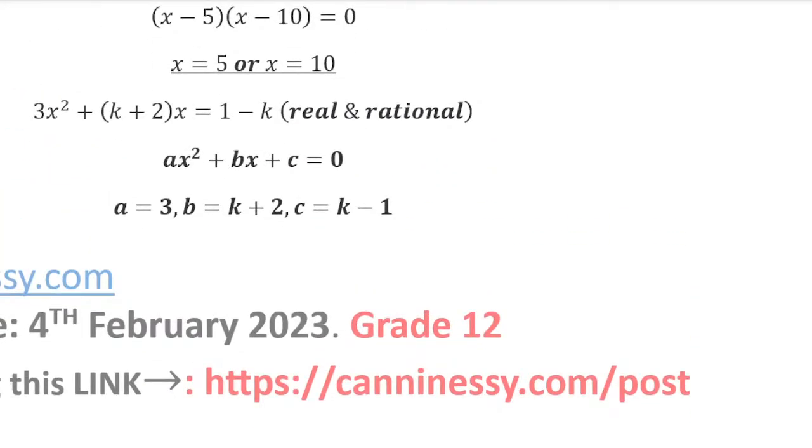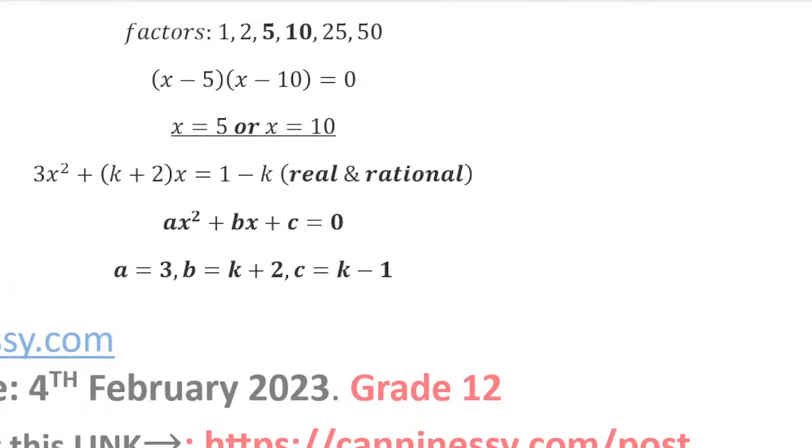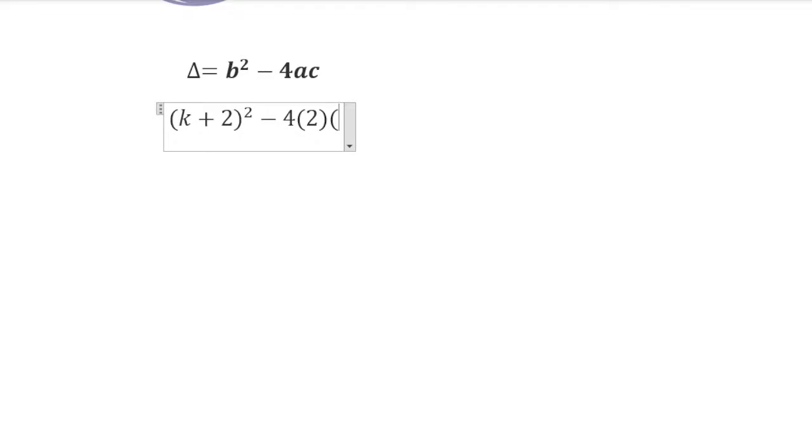In this case the value of a is 3, times 3, then what is the value of c? c is k minus 1.